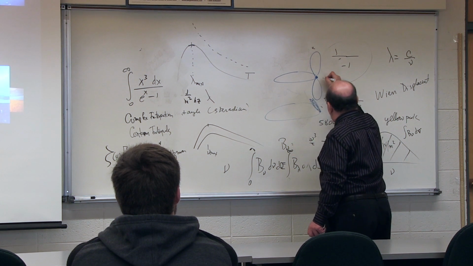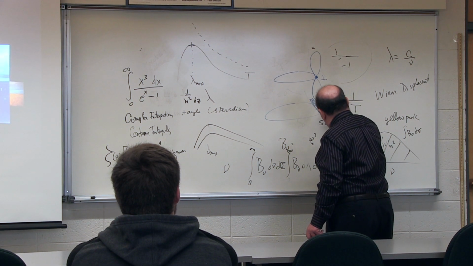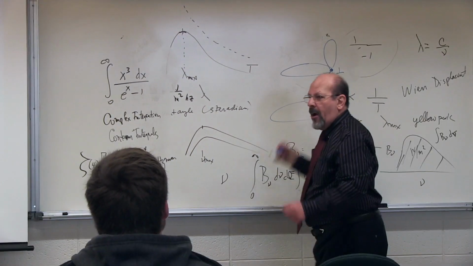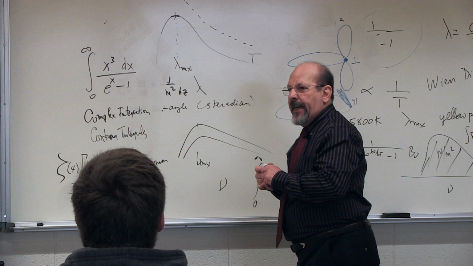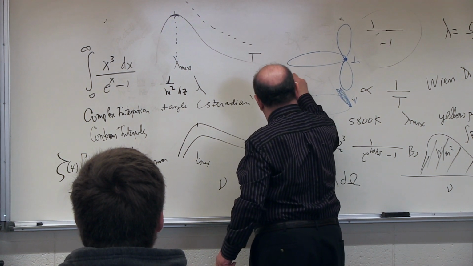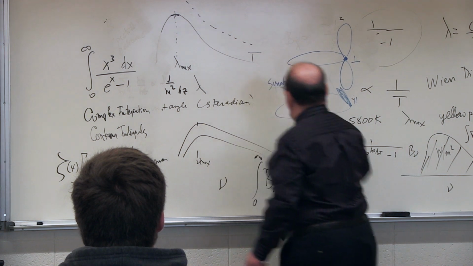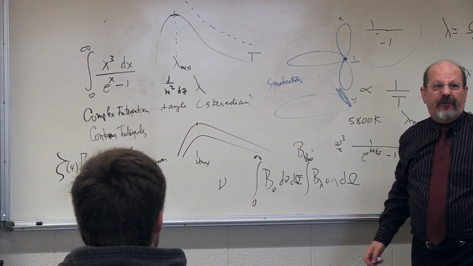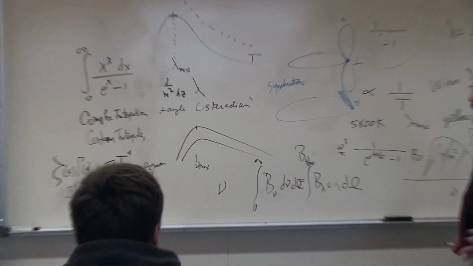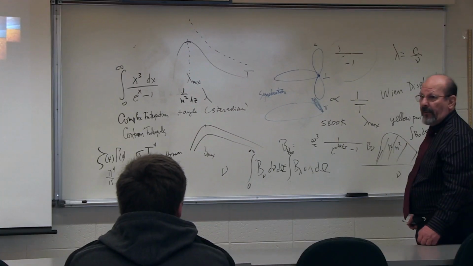This is perpendicular, now this is parallel to the plane because everything's zoomed in. This is what we call synchrotron radiation. Synchrotron means relativistic, basically particles traveling close to the speed of light.